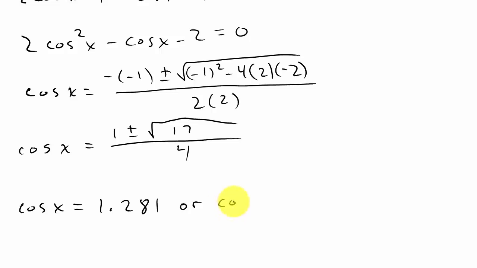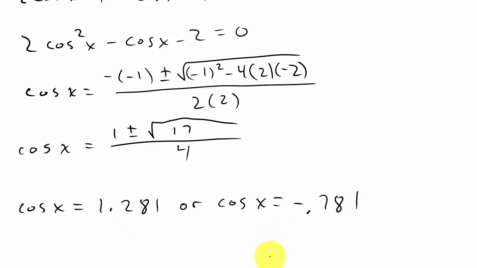Or cosine x equals 1 minus the square root of 17 divided by 4, and that is negative 0.781. Alright, so now when we look at this, this one, cosine x equals 1.281.